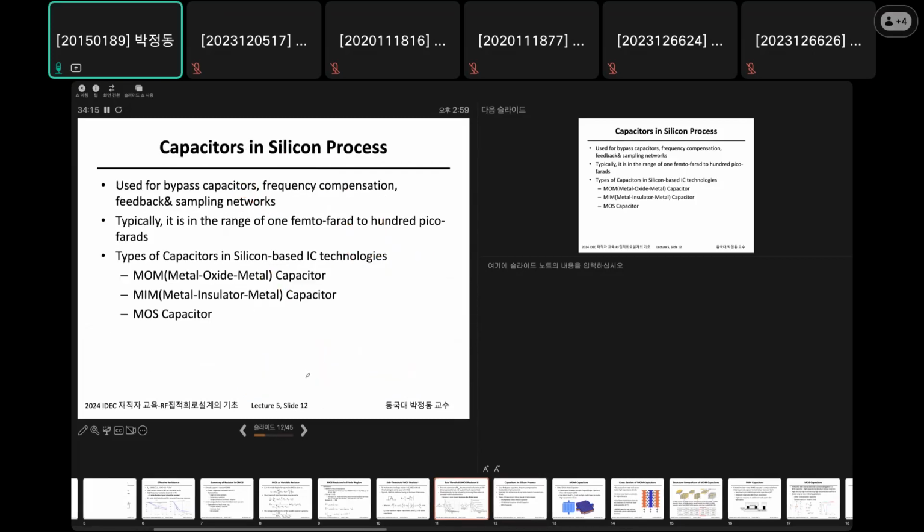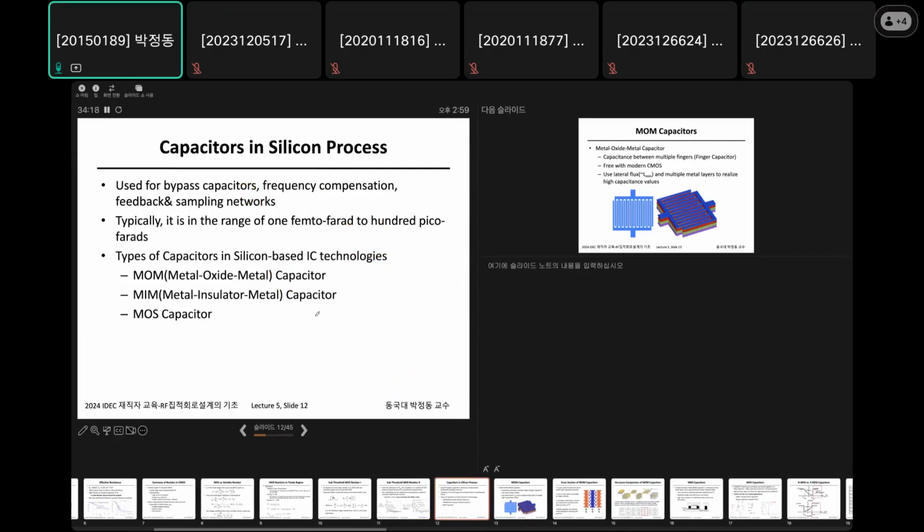Okay, so now let's talk about the capacitor. Actually speaking, a capacitor is also quite an expensive device, especially the MIM capacitor. It requires a redundant mask for the insulator, an extra insulator.